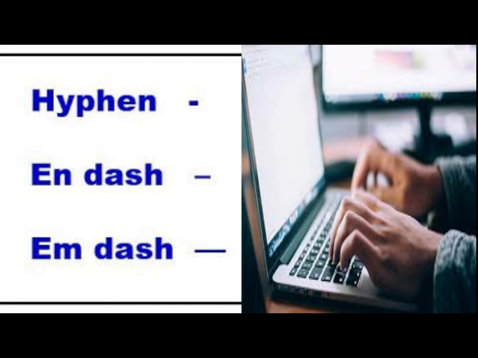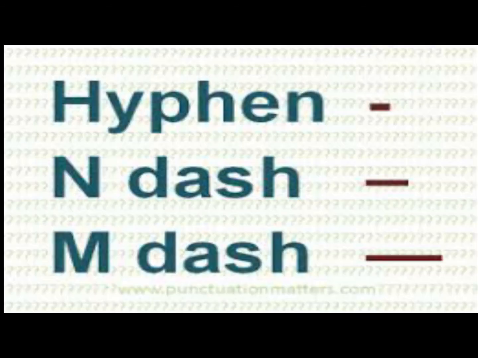Did you know there are two types of dash? En dash and em dash. The en dash is short in length. The em dash is the longer one. Okay, let me tell you quickly. The hyphen is a symbol that is slightly narrower than an en dash, and the em dash is twice as long as the en dash.